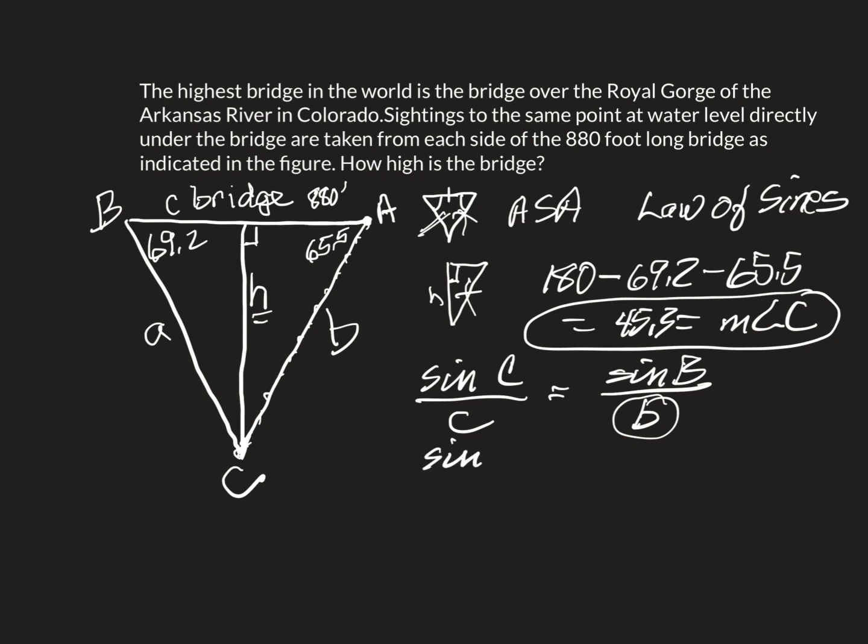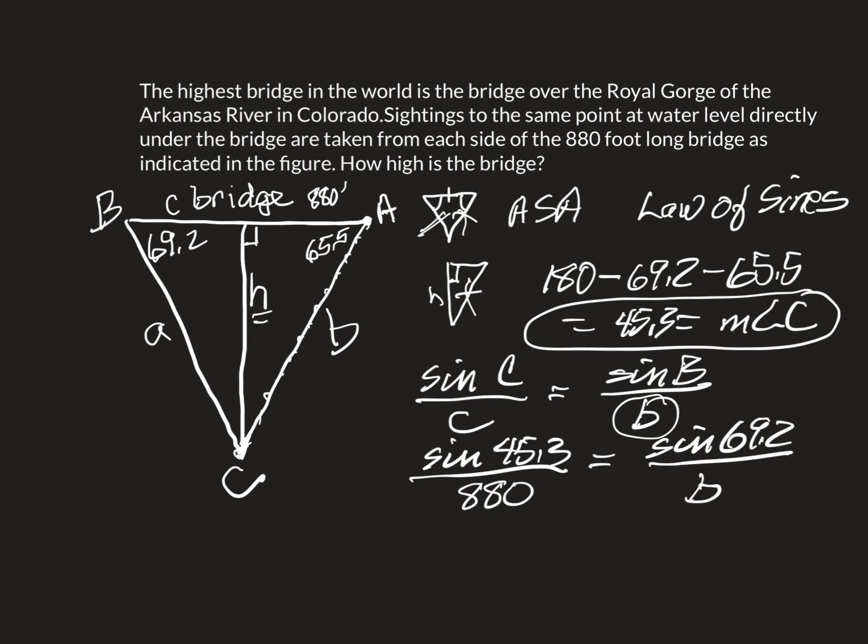So the sine of 45.3 degrees over 880 feet equals the sine of 69.2 degrees over B. And so we cross multiply and divide, and we'll get B equals 880 sine 69.2 divided by sine of 45.3.